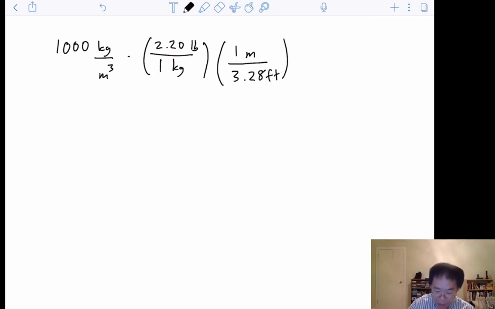But here's where I need to be really careful, because I have 3 factors of meters down here. I actually need this factor 3 times. I'll write it out explicitly for the sake of perhaps slightly belaboring the point here.